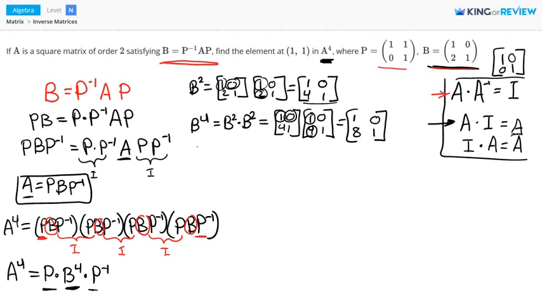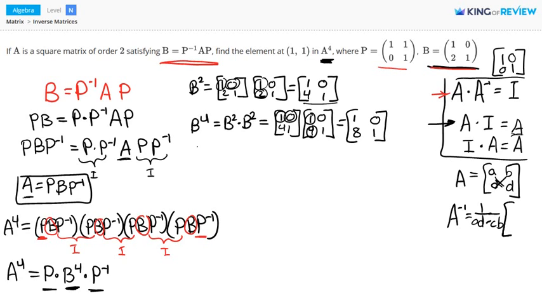Next up, we need to figure out what P inverse is. Now remember, if we have matrix A, with entries A, B, C, D, and if we want to know what A inverse is, we're going to take 1 over the determinant of A, and that's the product of the main diagonal, AD, minus the product of the entries in the other diagonal, so AD minus CB.